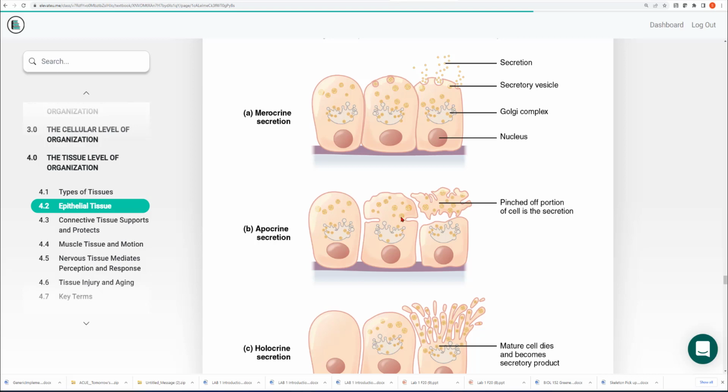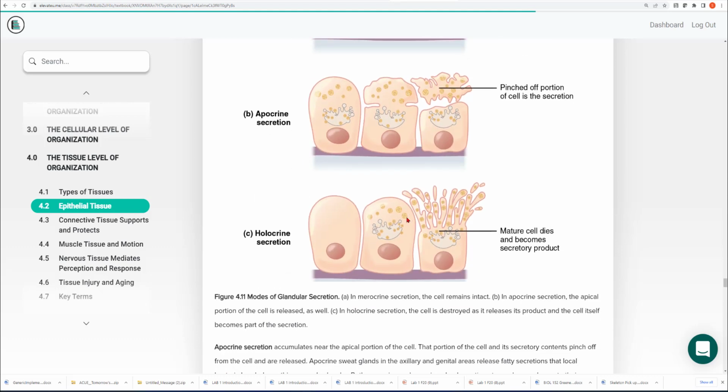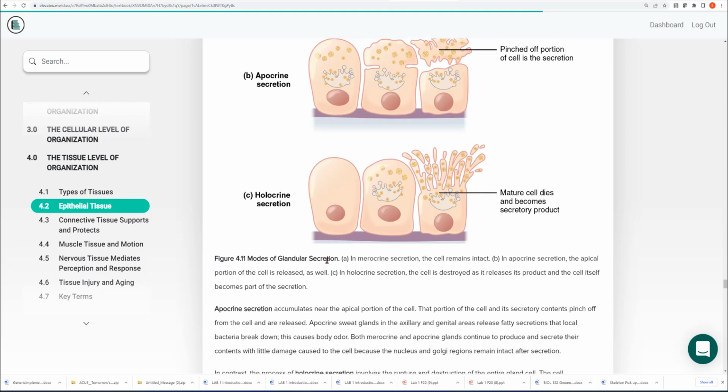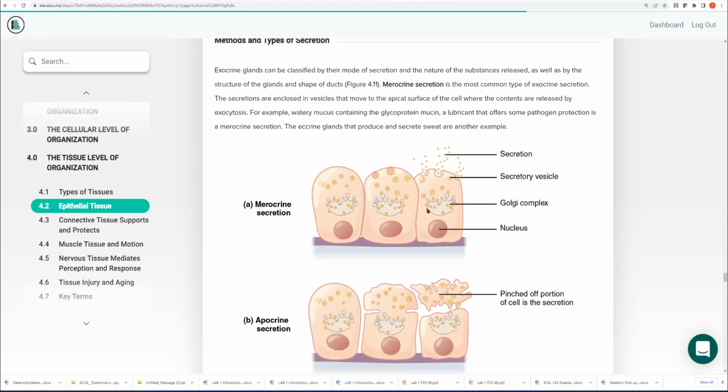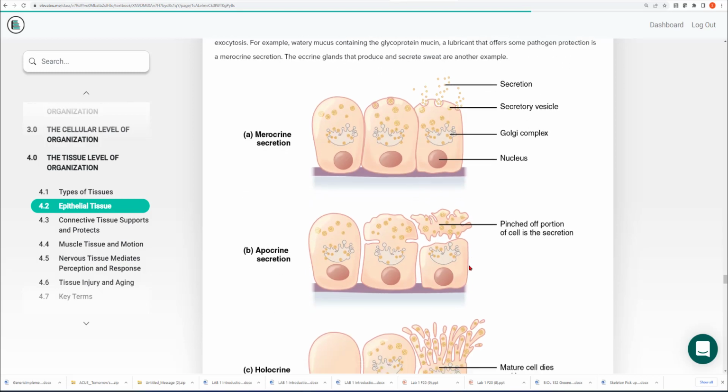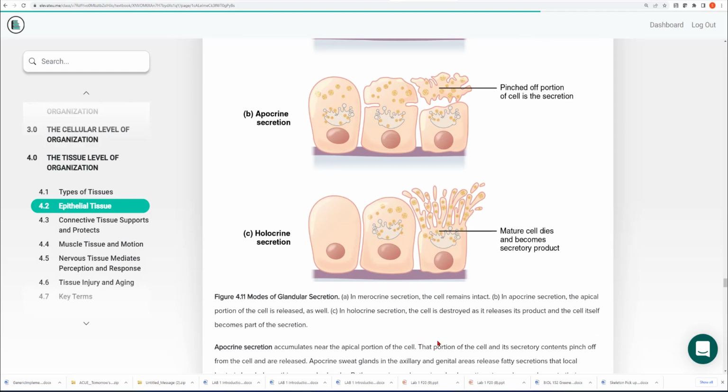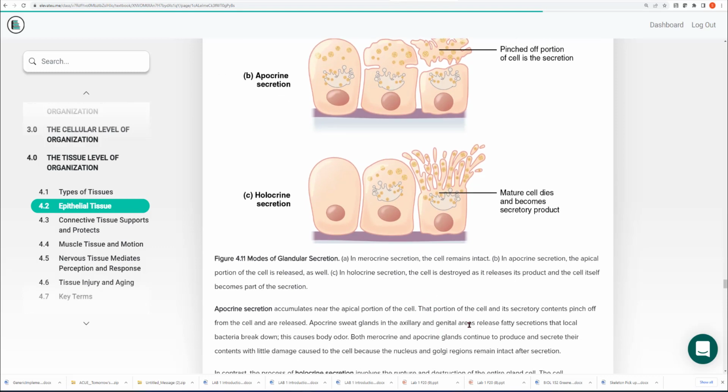Where in the body do we have these different kinds of secretions? Merocrine is the most common type. This is how you get your watery types of secretions. This is mostly your salivary glands. This is your sweat glands that produce this way. Apocrine is the primary way that the body produces breast milk.